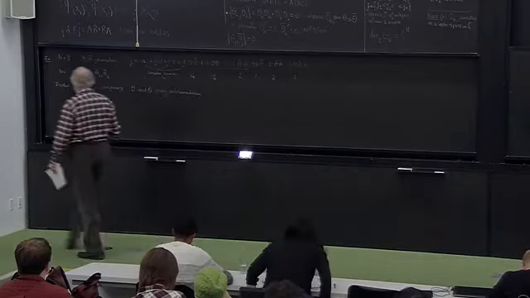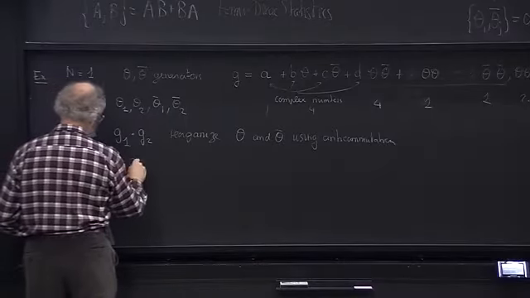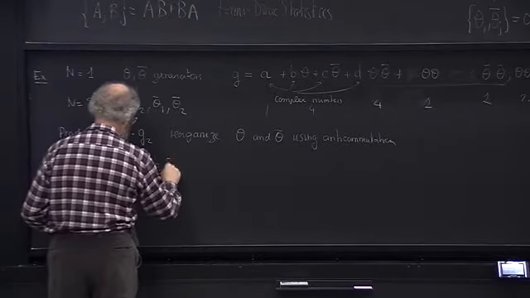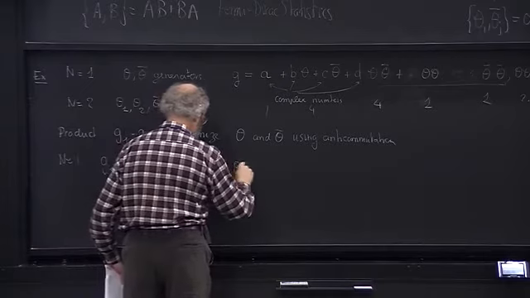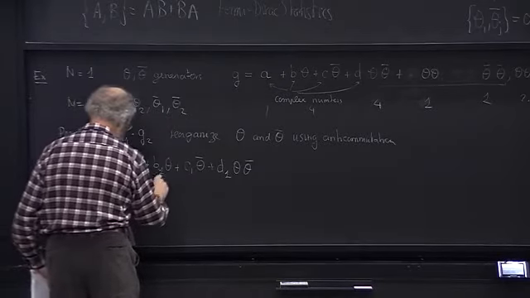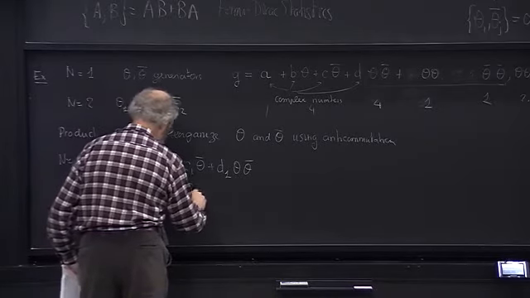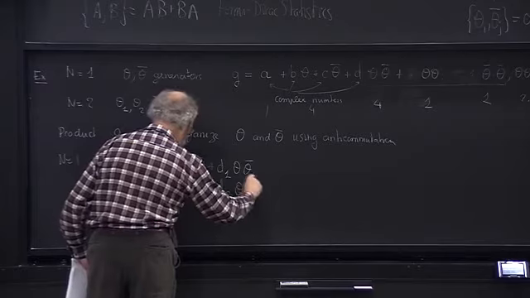So for instance, in the n equals 1 example, you have G1, which is A1 plus B1 theta plus C1 theta bar plus D1 theta theta bar, and you have G2 equal to A2 plus B2 theta plus C2 theta bar plus D2 theta theta bar.